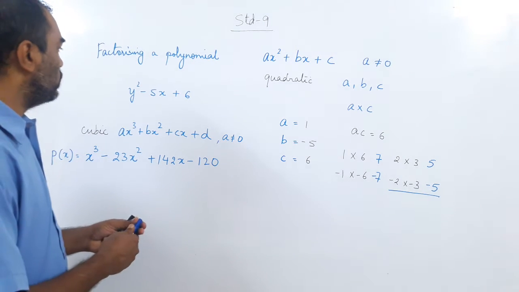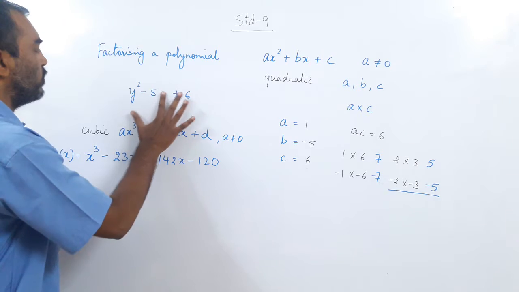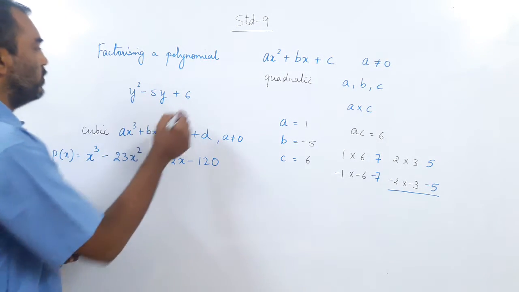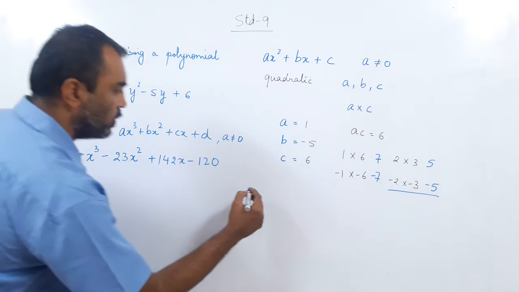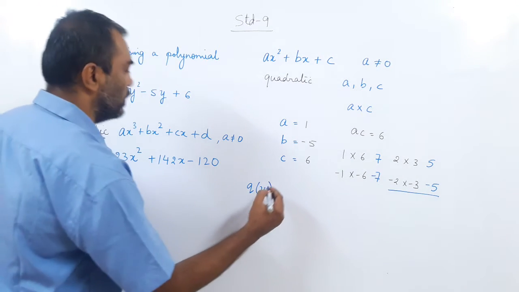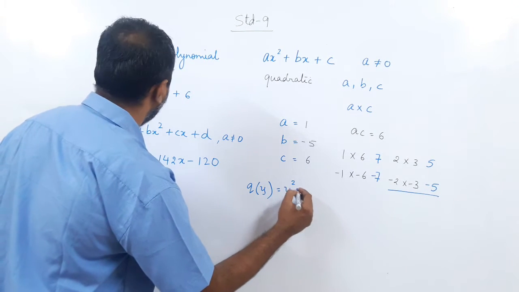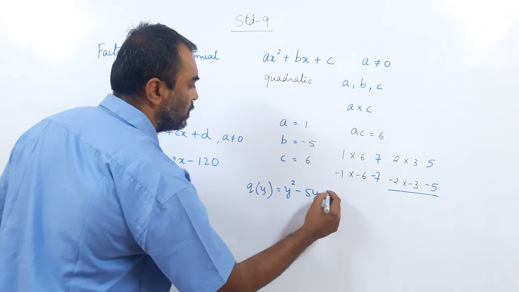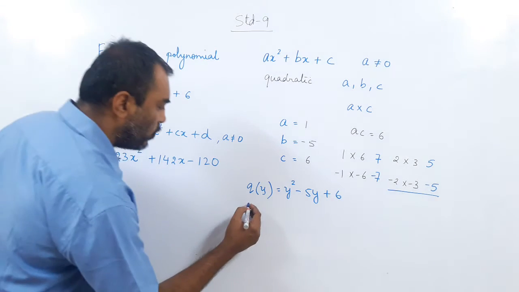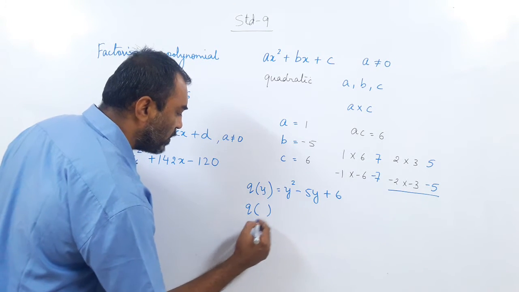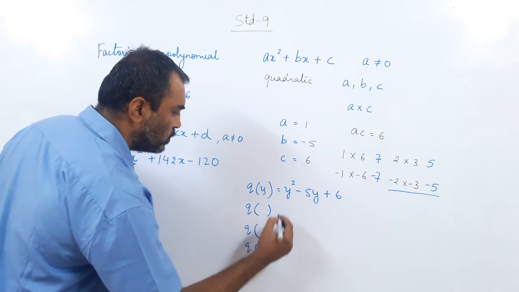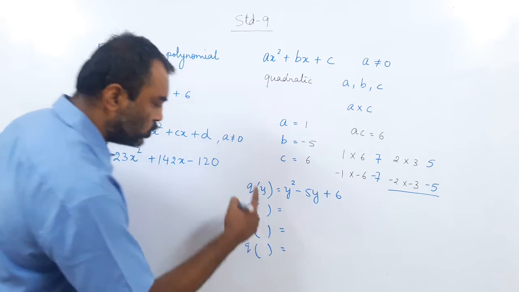So I'll write down, sorry there's a mistake, it should be 5y. It should be one variable only. So let me write down q of y is a polynomial written as y square minus 5y plus 6. Now I want to go by the trial and error method. So which numbers should I use here?